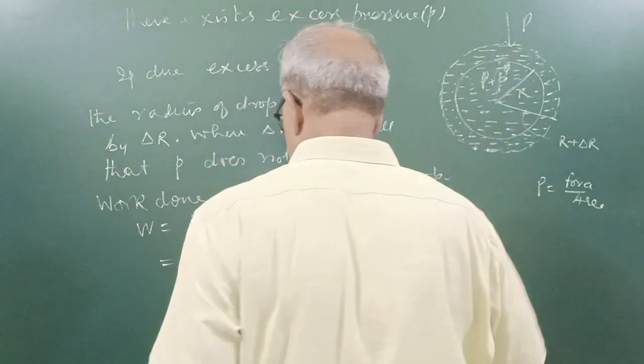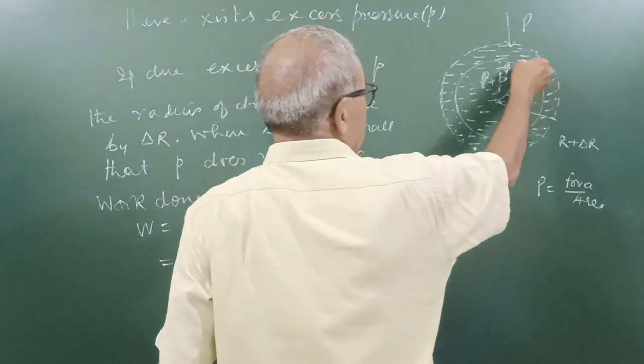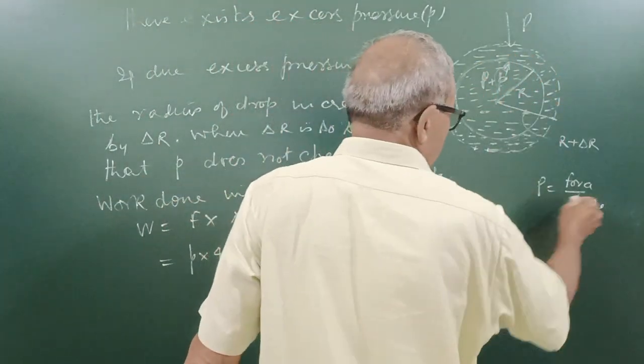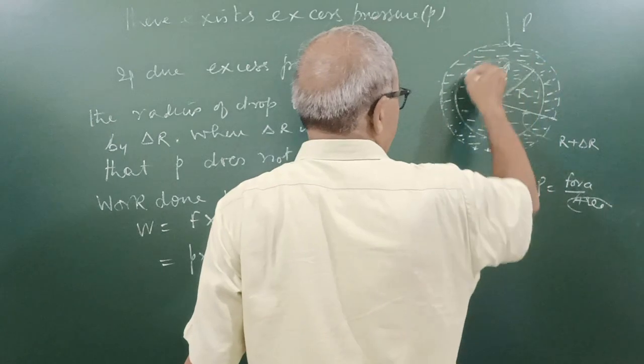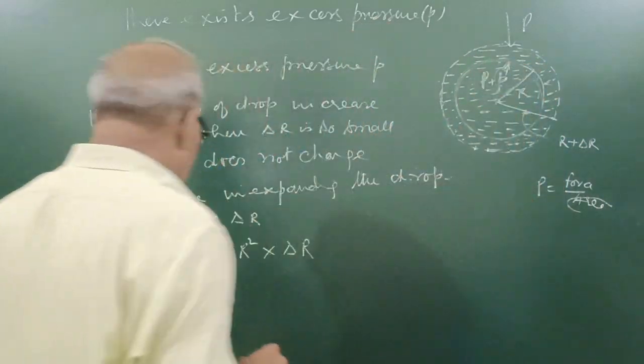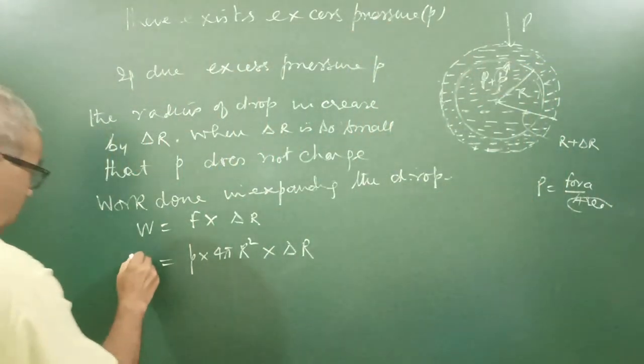Actually, 4 pi r square is the area of this, and the excess pressure is p. This is equation 1.